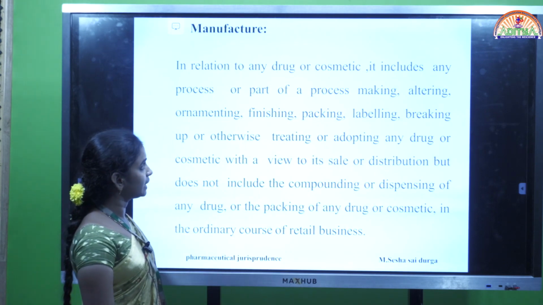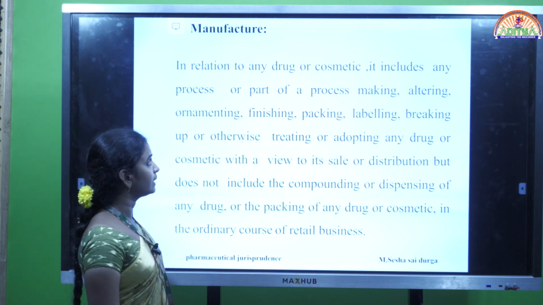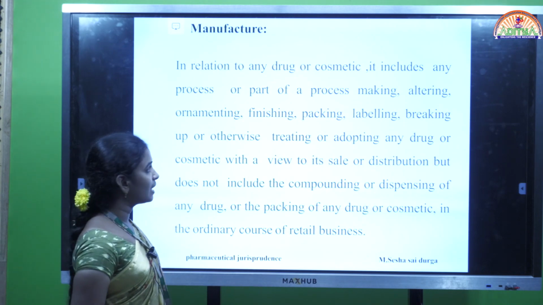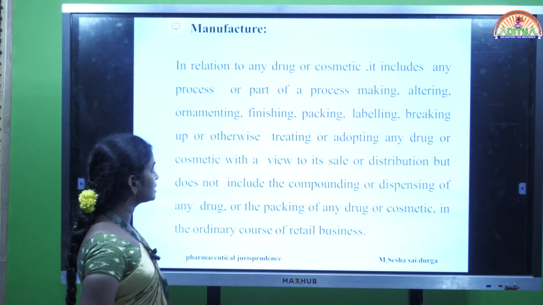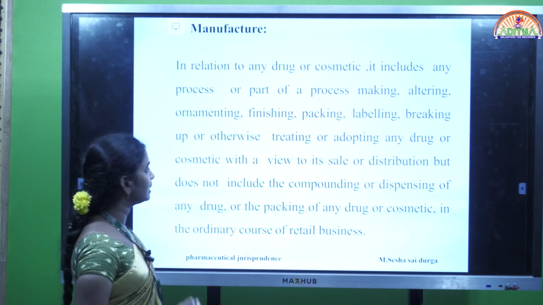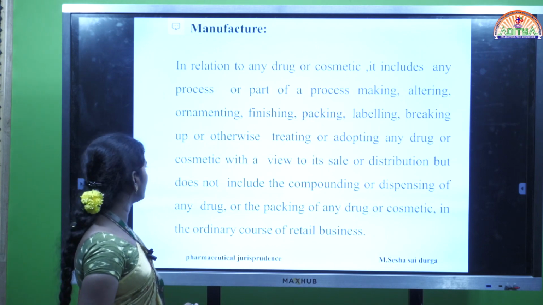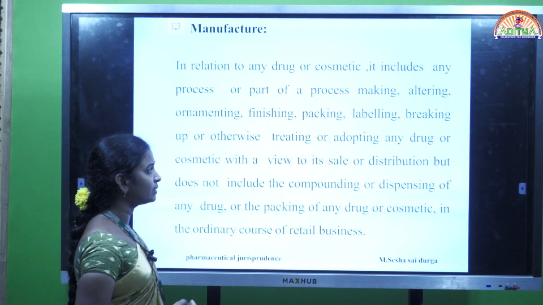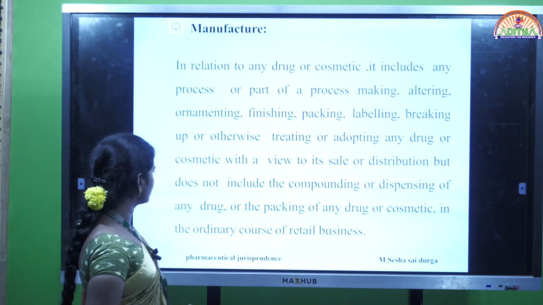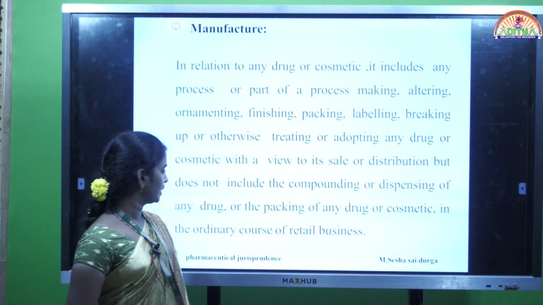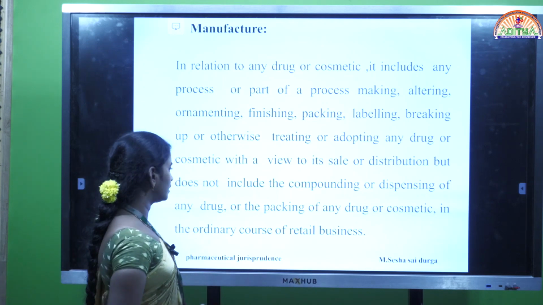In relation to any drug or cosmetic, it includes any process or part of a process of making, altering, ornamenting, finishing, packing, labeling, breaking, or otherwise treating or adapting any drug or cosmetic with a view to its sale or distribution, but does not include the compounding or dispensing of any drug or the packaging of any drug or cosmetic.